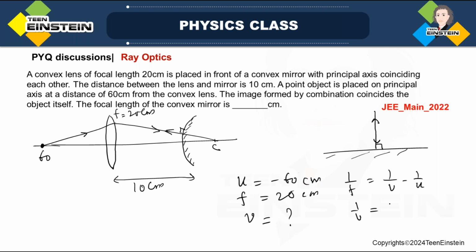So 1 by v is equal to 1 by f plus 1 by u. So here 1 by f is 1 over 20, this is minus 1 over 60. So it will be actually 1 over 30. So v we are getting as 30 centimeter.